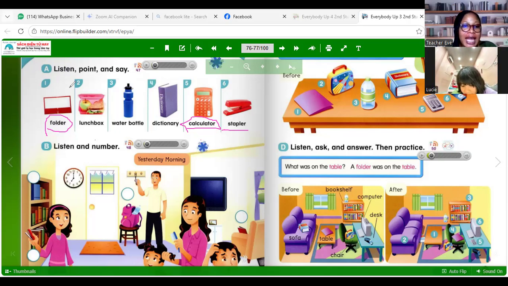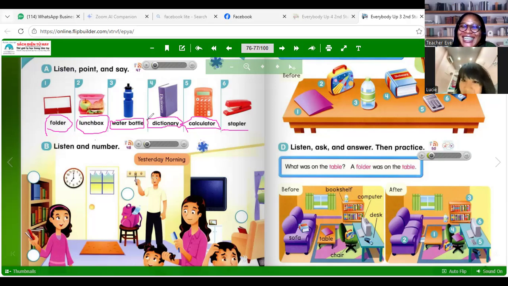Nice one. Okay, then number 2 we have lunchbox. Good. Do you have a lunchbox? Okay. All right. Then number 3. Water bottle. Good. Do you have a water bottle? Yes. Okay. You say yes, I have. Yes, I have. Good. Okay. Then next, number 4.